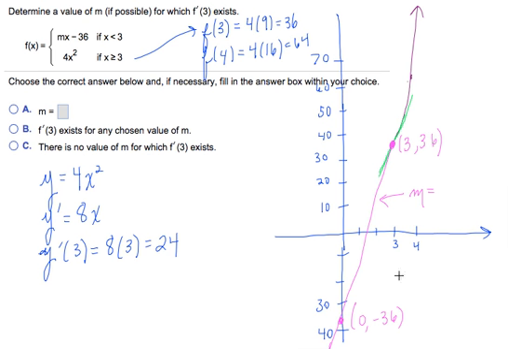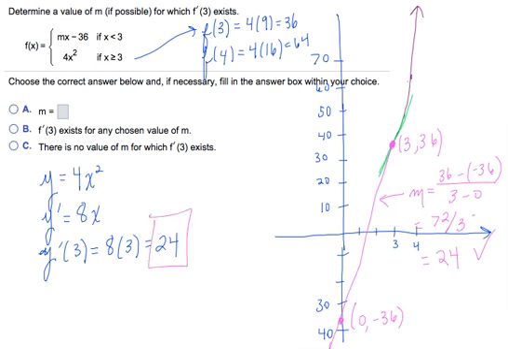So the slope of this line, just using these 2 points, would be y2, I'll use that for my y2, 36 minus negative 36 over 3 minus 0, that's 72 divided by 3, which is 24 right here. So it does work out that, okay, given this y-intercept, the slope of this line should be 24.